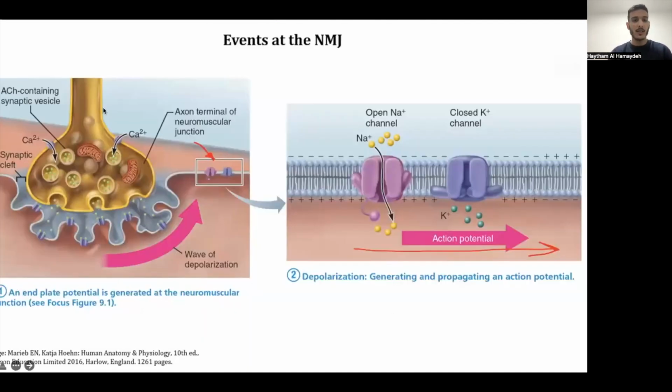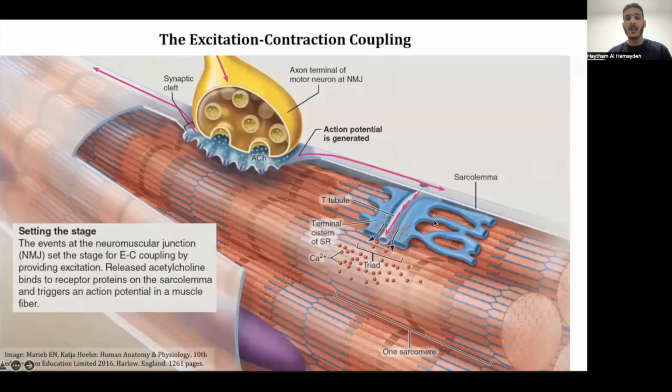So as I said, through the process I described previously, an action potential is now induced in this muscular fiber and travels. The same thing happens for the channel: influx of Na+, efflux of K+, and the action potential propels forward until it reaches a region called the triad.